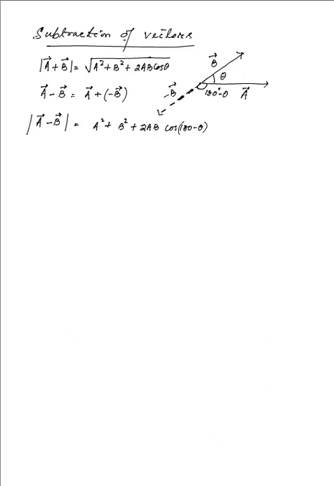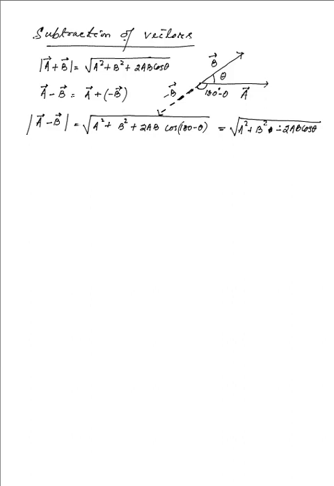Now, cos 180 minus theta is equal to minus cos theta, so you have it as A squared plus B squared, or rather minus 2AB cos theta, because cos 180 minus theta is minus cos theta. So in that case you have this value as the magnitude of A minus B vector.